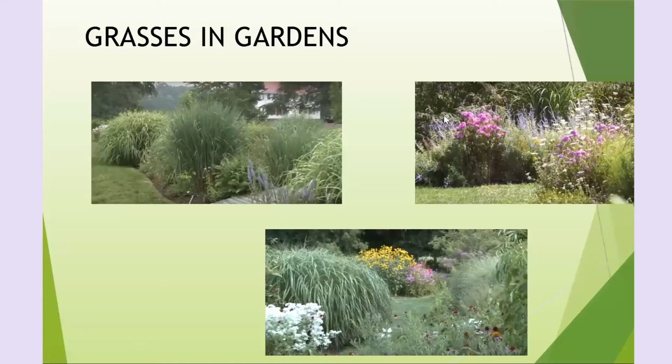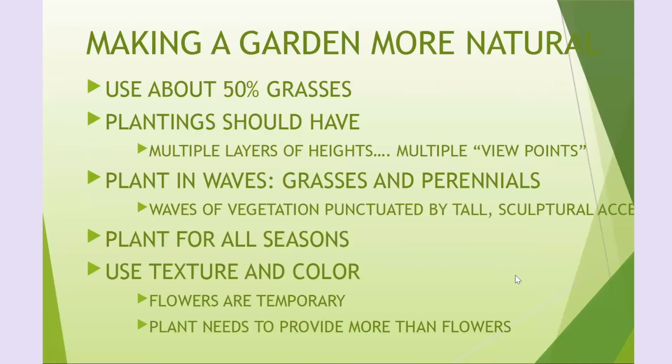Designing with ornamental grasses, you can have a whole garden of grasses, kind of dull, or you can put one in just because, or you can use it as a design point throughout. If you want your garden to look very natural, use about 50% grasses. You need grasses.